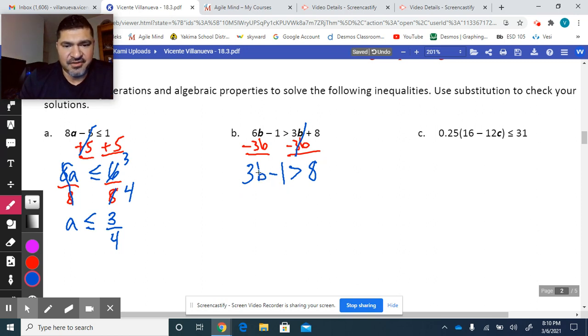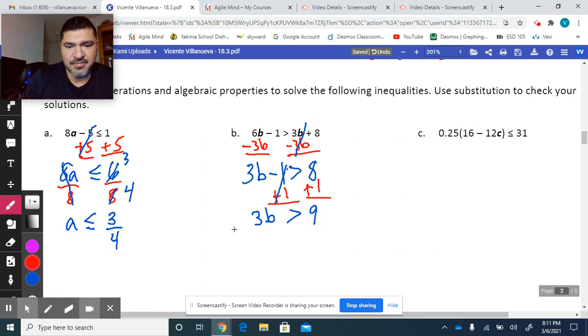Okay, again, here's our variable. We need to get rid of this plus 1. So I'm going to add 1 to both sides. And so on the left, I end up with 3b. Negative 1 and positive 1 cancels. Bring down my symbol here. 8 plus 1 is 9.